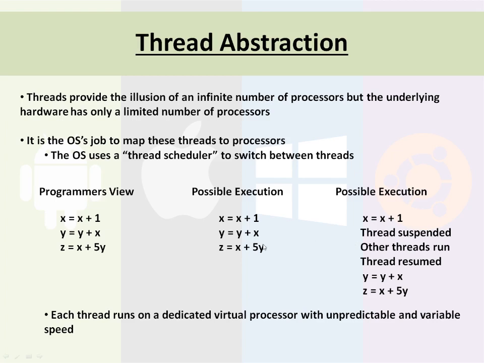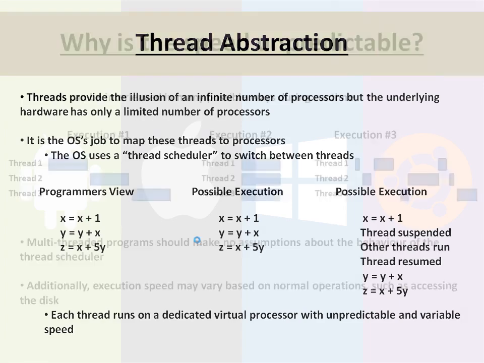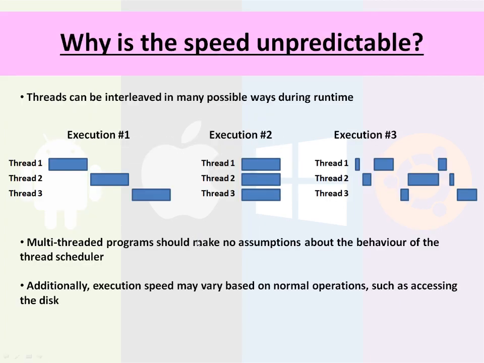On the next slide, I'm going to show you a couple different ways in which multiple threads can be executed. And this answers the question, why is the speed unpredictable? And that's simply because threads can be interleaved or swapped or switched in many possible ways during runtime.